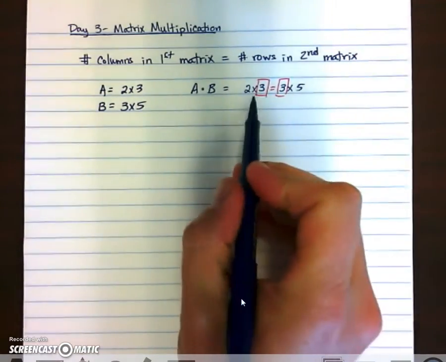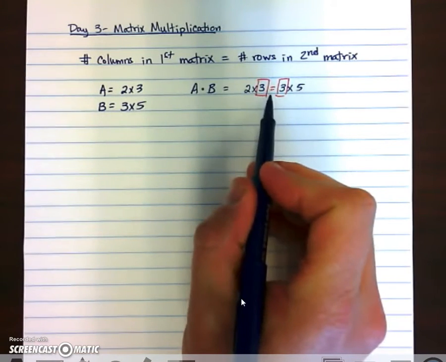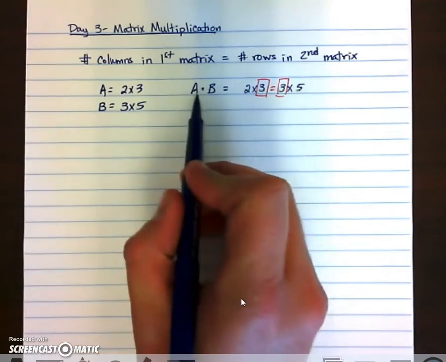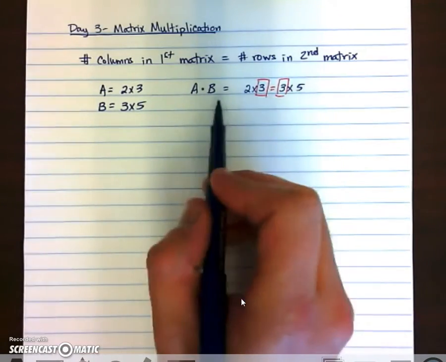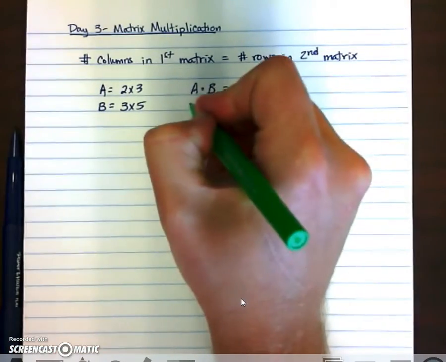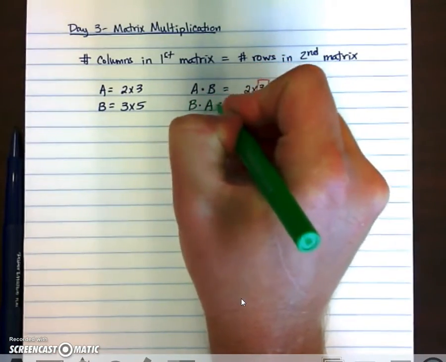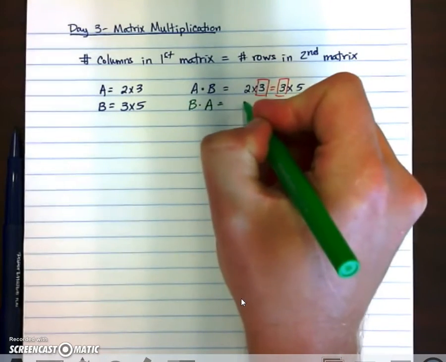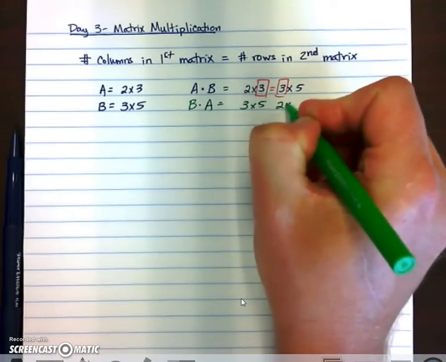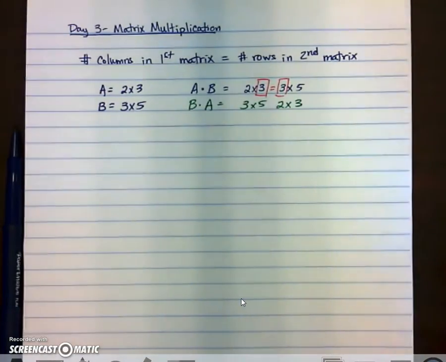Now the easiest way to do this is just write the dimensions right next to each other and then see if the two inside numbers are the same. Now you do have to write them in the order that they appear. So let's switch this around. Let's say that we decided to do matrix B times matrix A. So now I would say, okay, it's a 3 by 5, that's matrix B, and matrix A is a 2 by 3.